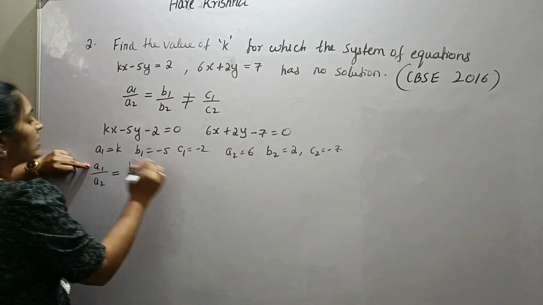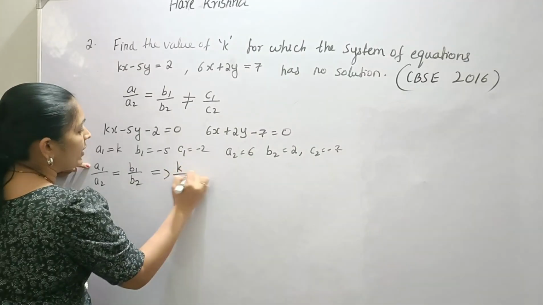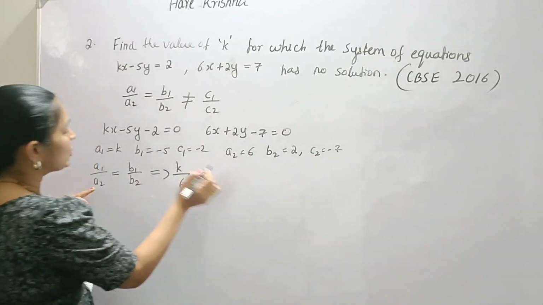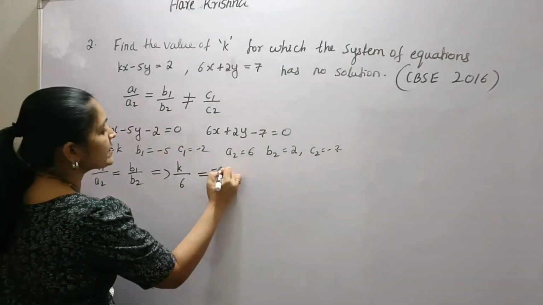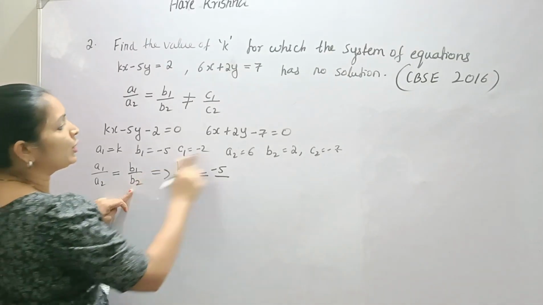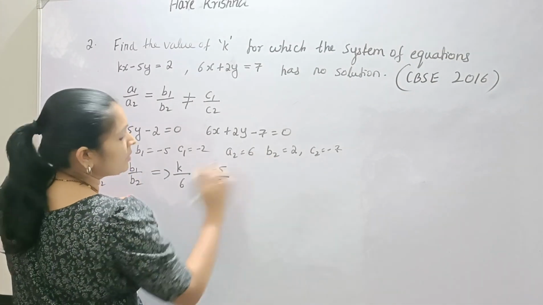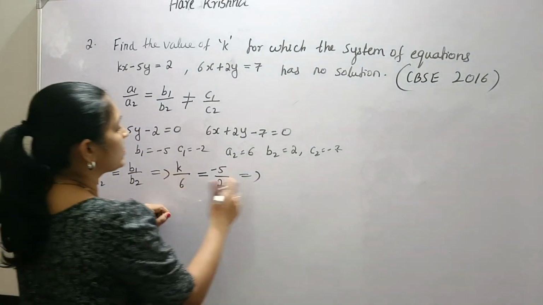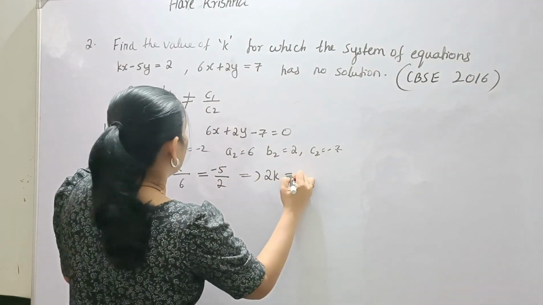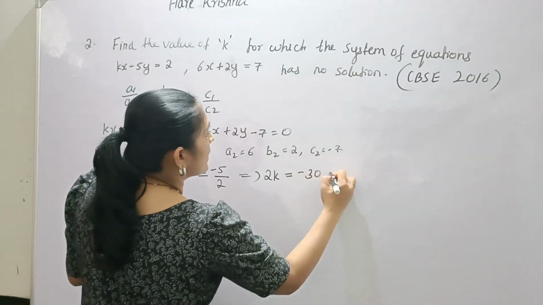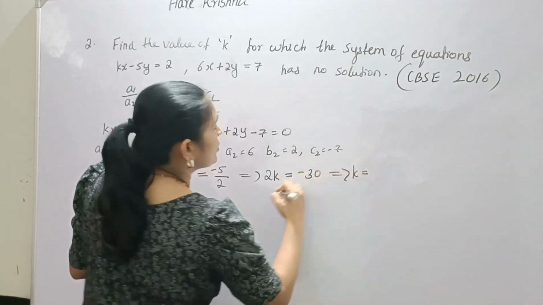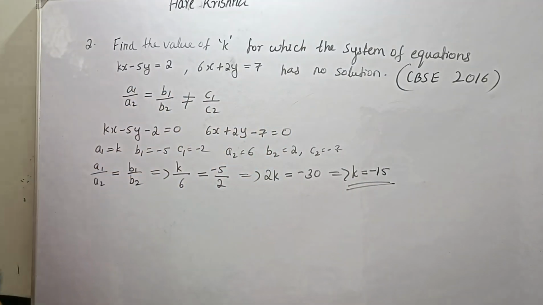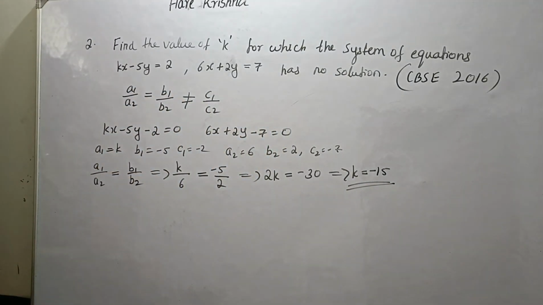What is a1? k divided by a2, which is 6, is equal to b1, which is minus 5, divided by b2, which is 2. Cross multiply, so 2k is equal to minus 30. That implies k is equal to minus 15. So the value of k is minus 15.